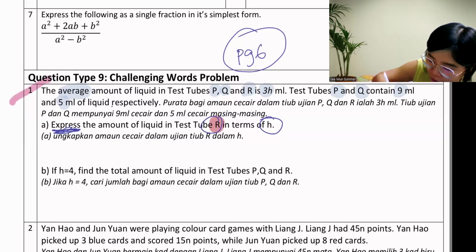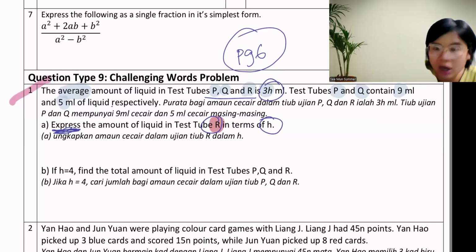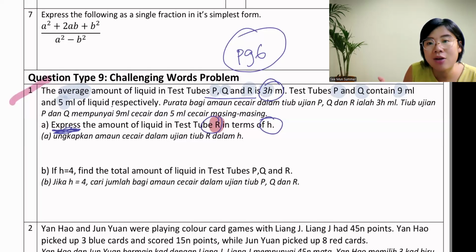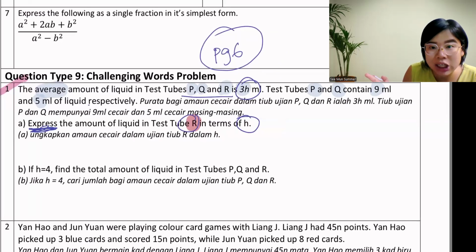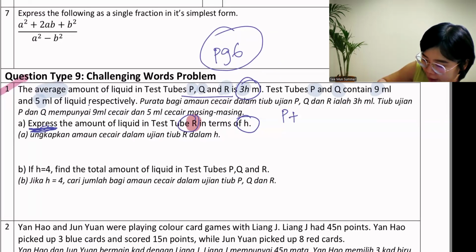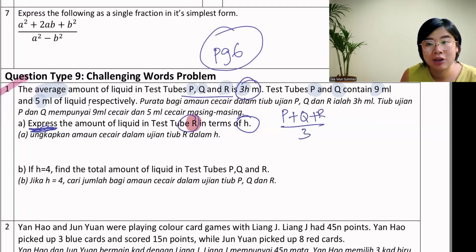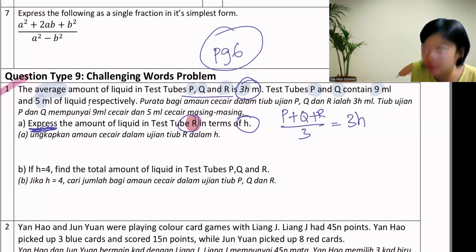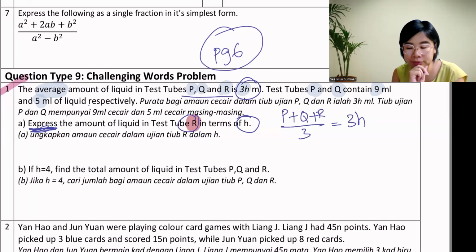They say the average amount of PQR is 3H. So first thing first, the ml you just ignore it, don't need to put unit. So how do you find average? Isn't it P plus Q plus R divided by 3 is average? And then they say this answer is 3H. Correct? Okay, this is called average.